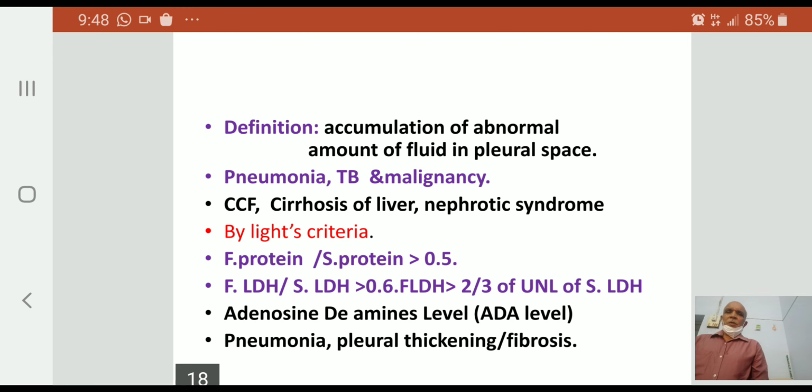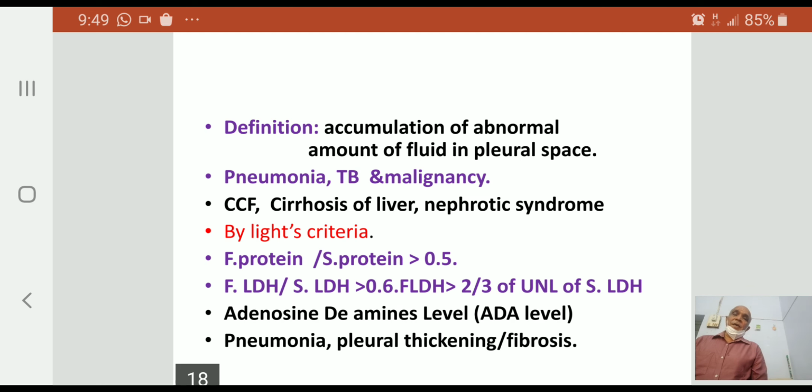The common cause of effusion in our country is tuberculosis, so we should do some other investigations for diagnosing tuberculosis. The TB marker is ADA, adenosine deaminase level. The cutoff value is 40 units per liter. The higher the ADA value, the more significant for tuberculosis.